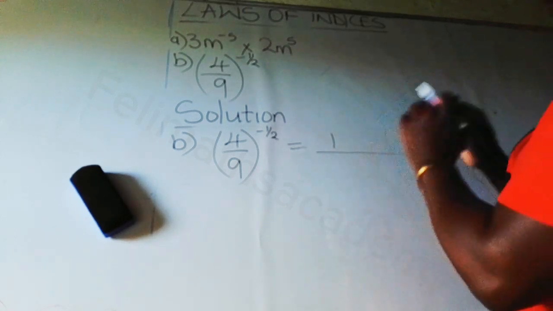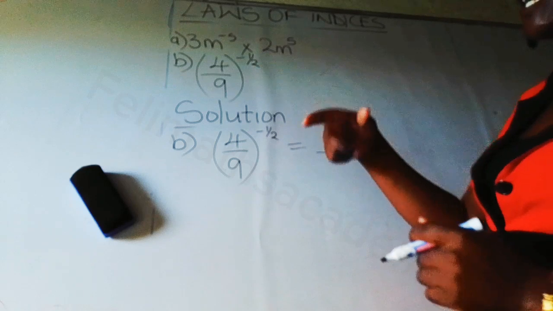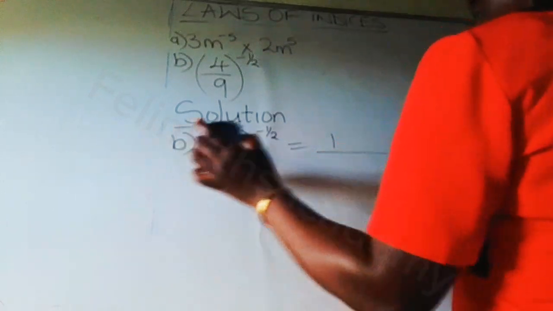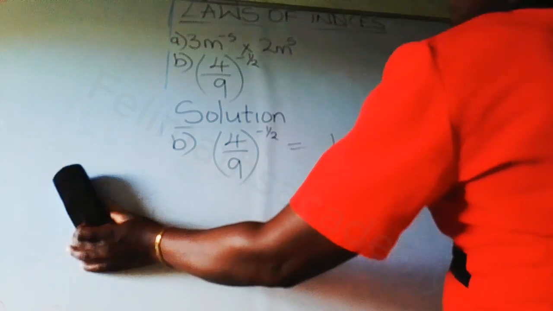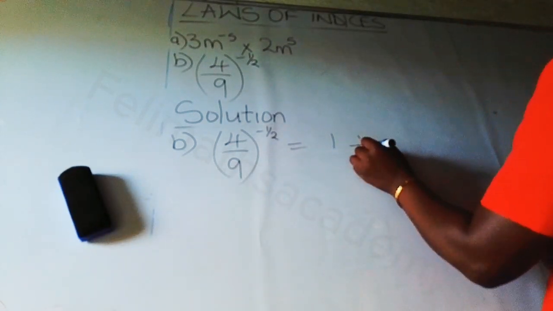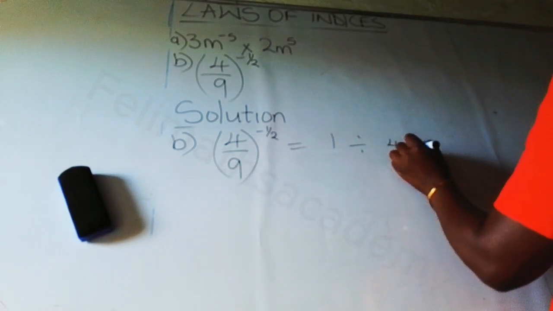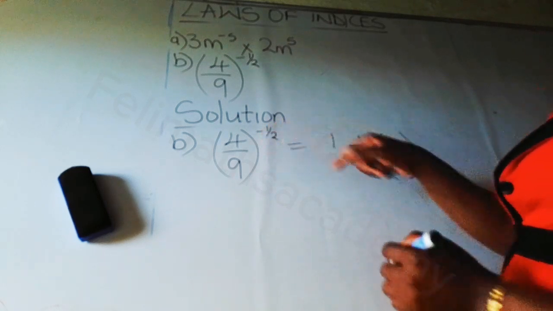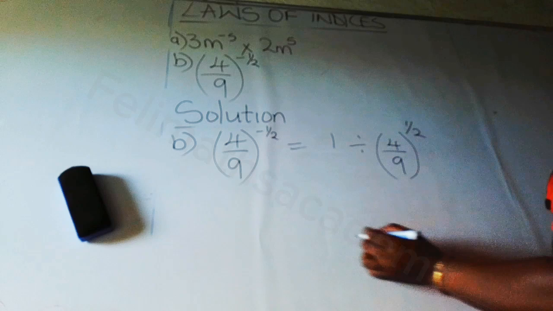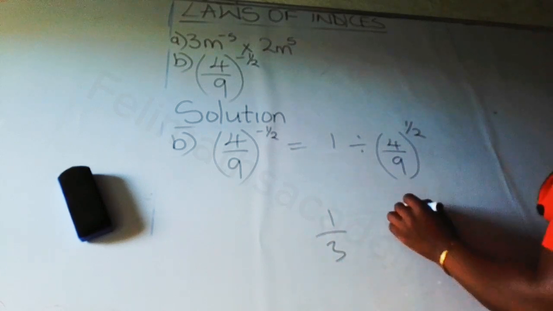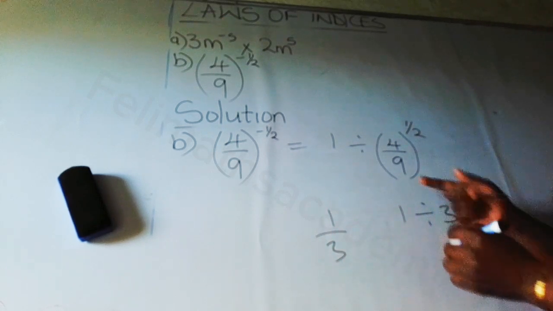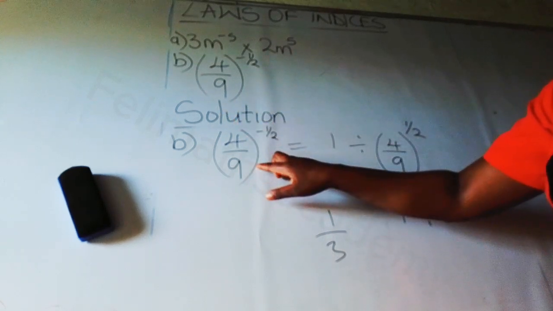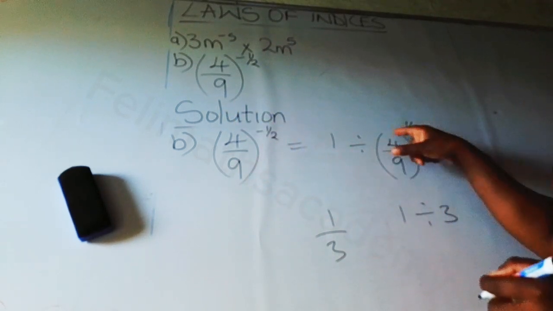So instead of having two fractions, we are going to divide. 1 over 4 over 9 is just the same as 1 divided by 4 over 9, but now it's a positive half. 1 over 3 is just the same as 1 divided by 3. That's what we've done there.